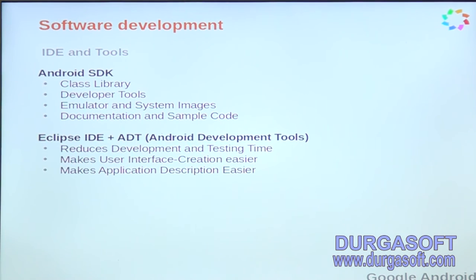You can simply install the ADT into it by going to Help and Install New Software. Give the link specified on the Android developer site, and the Android developer tools will come into Eclipse. And you need to download the Android SDK separately and mount it on your Eclipse, which makes user interface creation and application description easier.